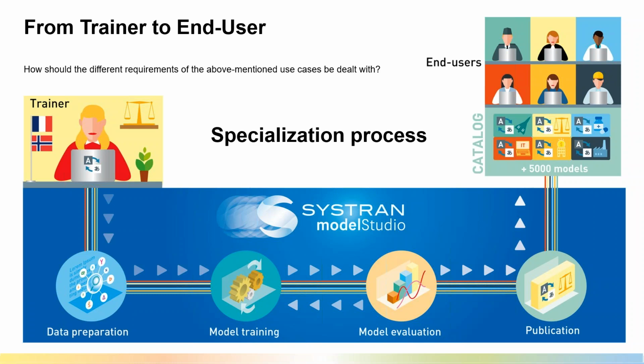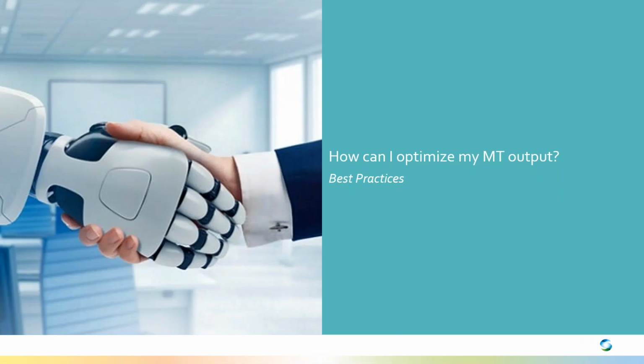I will let Stéphanie share the best practices and tips, because the strategy of SYSTRAN is now to give the trainer community the possibility to enrich the catalog by training in-domain specialized translation engines. And in the future, our industrial customers will also have access to this tool to train the engines by themselves.